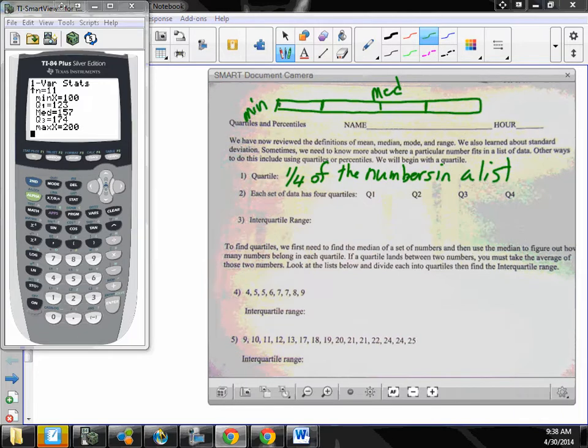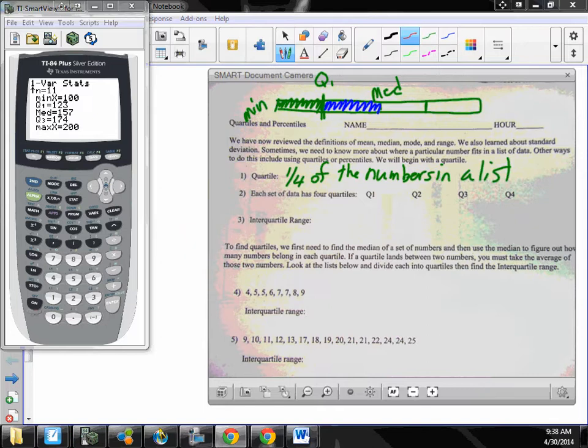So this first set of numbers is called quartile 1. It's the lower 25% of any list. The highest number in that set we refer to as Q1. Quartile 2 is every number between Q1 up to the median.